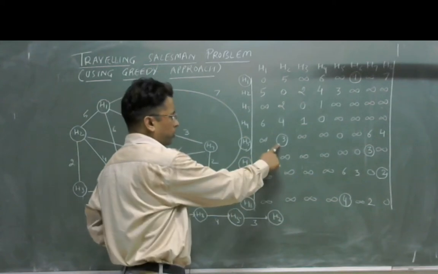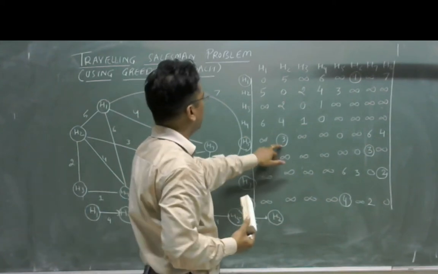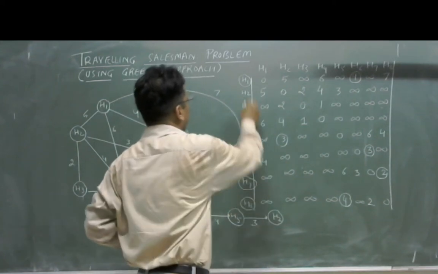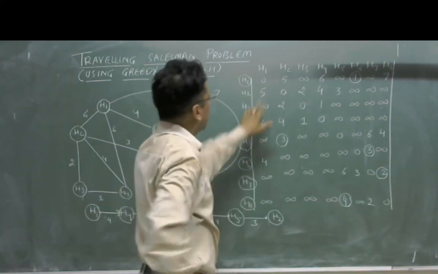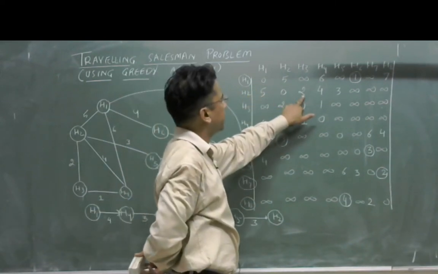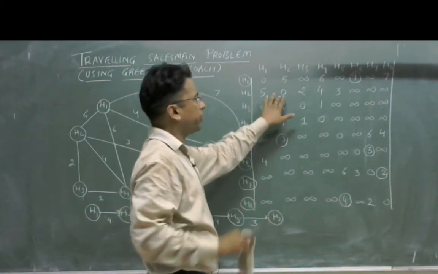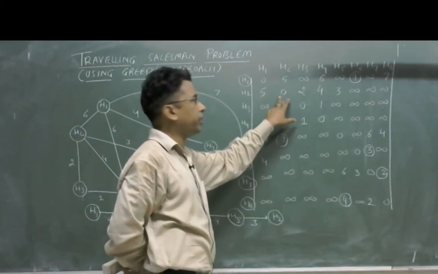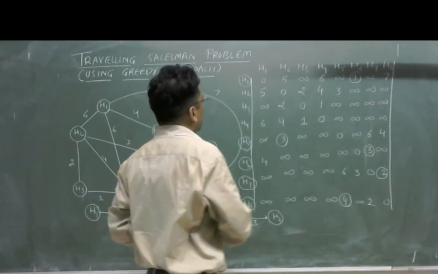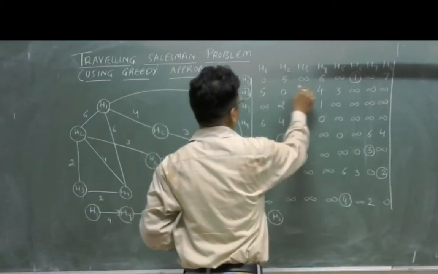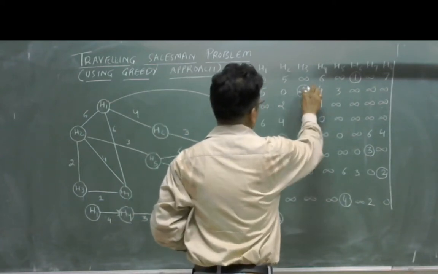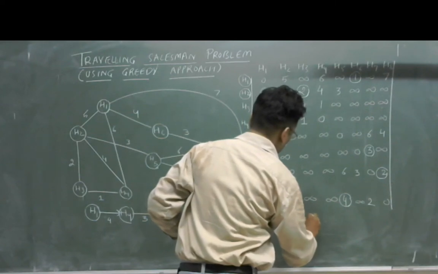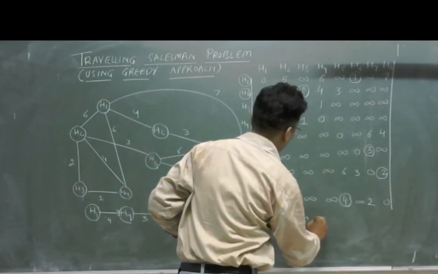Okay, now we shall repeat the same procedure from node H2. We shall find the closest node, which is H3 at distance 2. H5 will not be considered because it is already covered. So we shall consider distance 2. We have covered node H3.